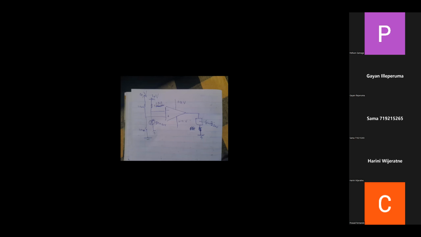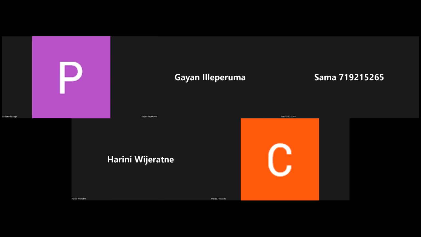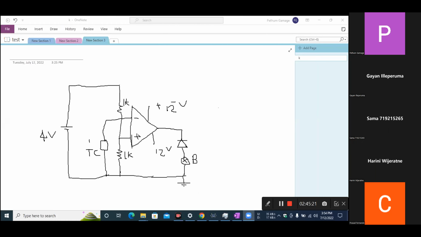So if you are including a Zener diode in the diagram, what's going to happen? Pratim, can you share your circuit? Right.